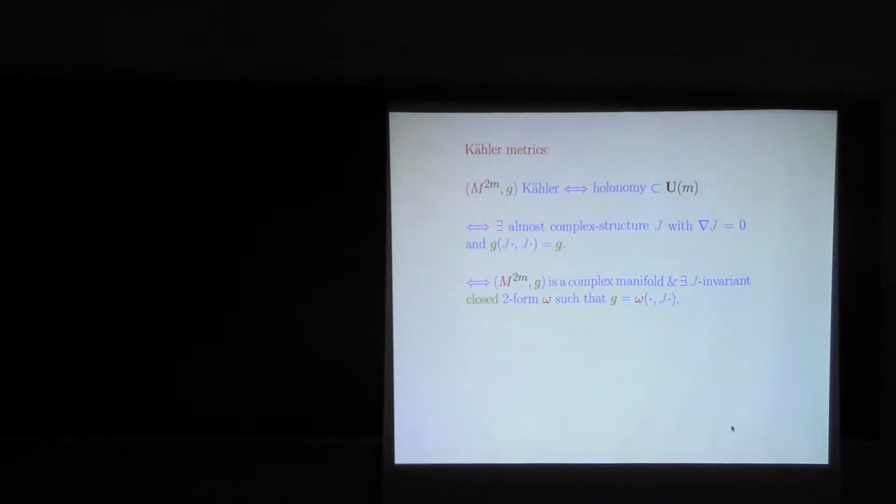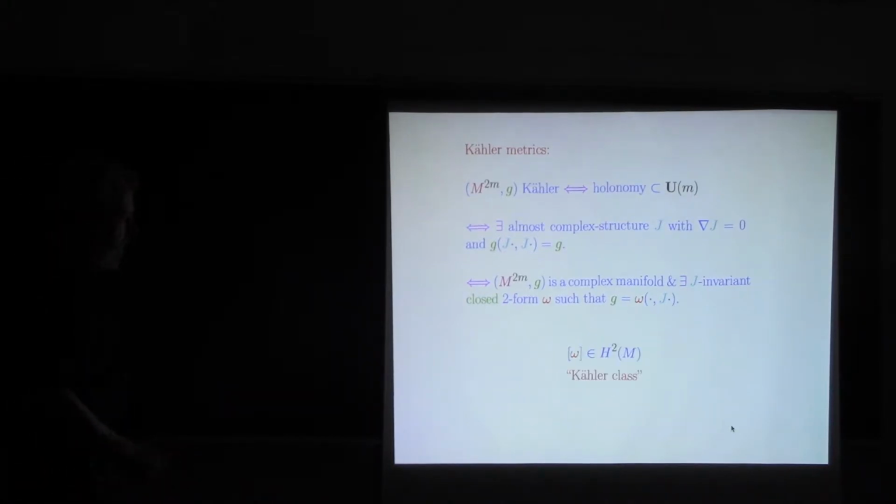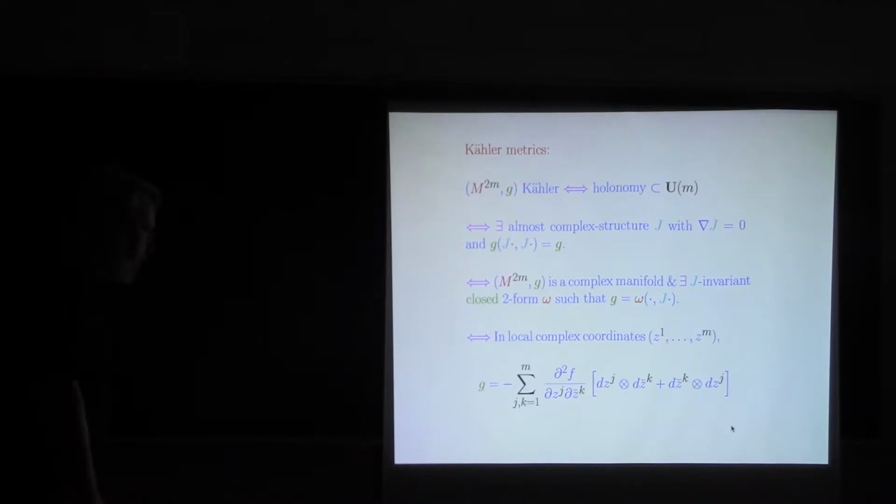And it's a very interesting set of lemmas that this is in fact the same thing as this holonomy definition. There's a unique two-form which has the property that if you stick J into one slot, you get the metric. That's called the Kaehler form. And it's automatically a closed form, so in particular it has a de Rham class called the Kaehler class. So there's a preferred element of the second de Rham cohomology on a Kaehler manifold.